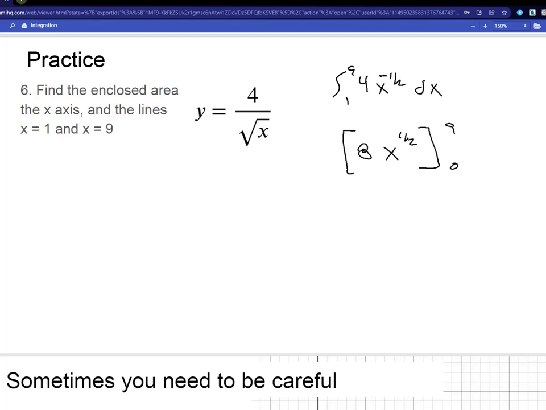Wait, how'd you get 8? So you got this, right? Yeah. So I'm going to raise it by 1 and get this, right? Yeah. Now I'm going to multiply by the reciprocal. What's the reciprocal of 1/2? 2. What's 2 times 4? 8. That's where I got the 8.